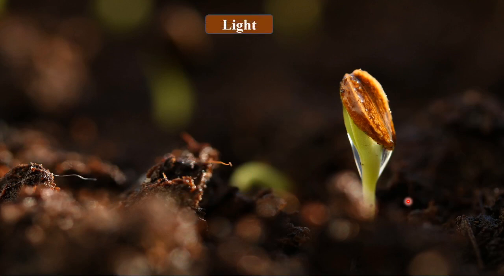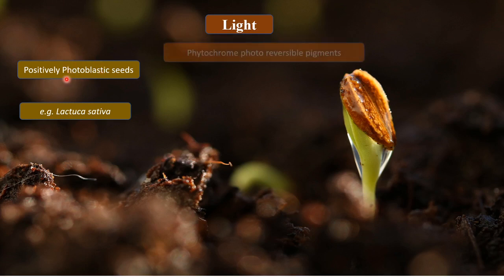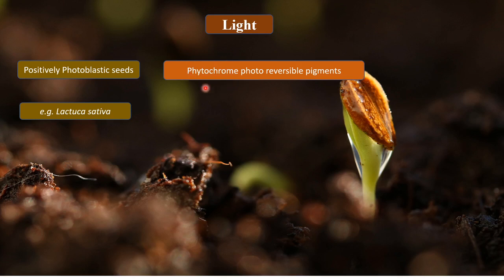Now we understand the mechanism. For that, we take the example of positively photoblastic seeds, and the example is Lactuca sativa, right? When we say that a plant is photoblastic, that means that phytochrome pigments present in plants are involved in this process, right?